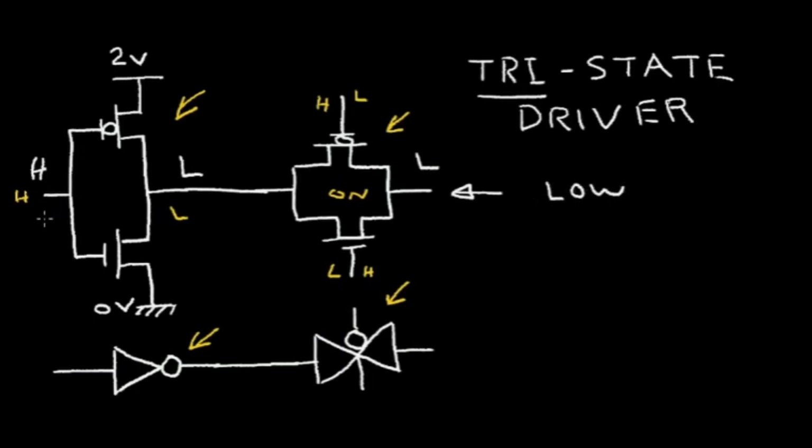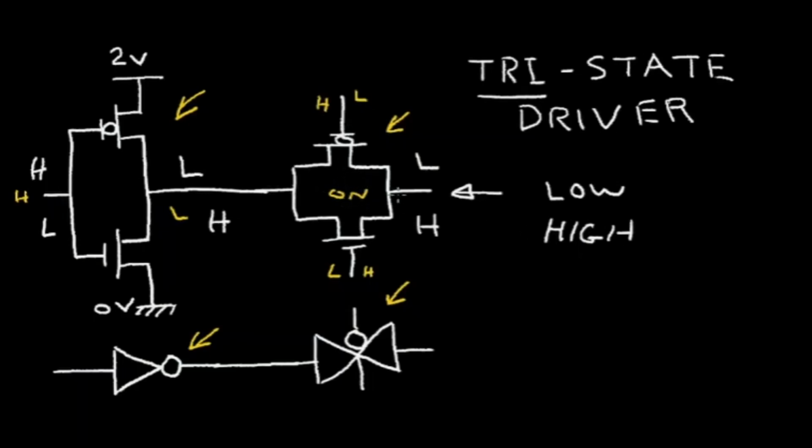Now, if we have a low voltage at the input to the inverter, we have a high voltage at the output, and the switch transfers the high voltage to this node. So the output can also be a high voltage. And there's a third state that the output can be in. Let's say that our switch is in the off condition.